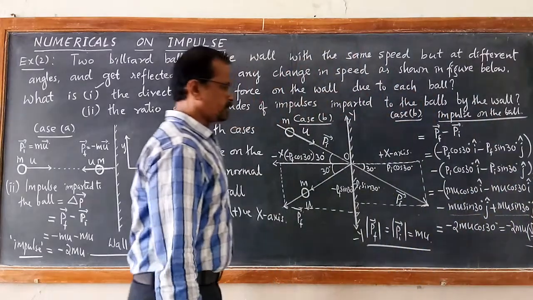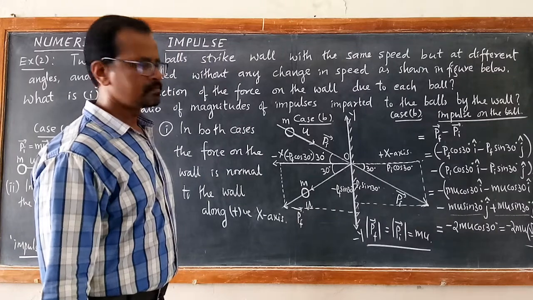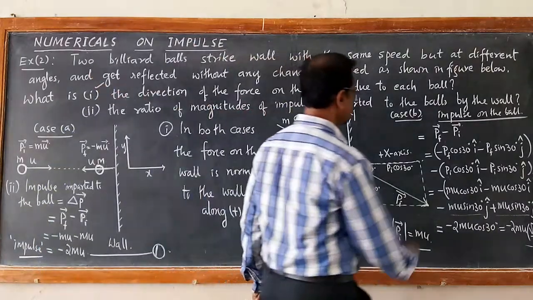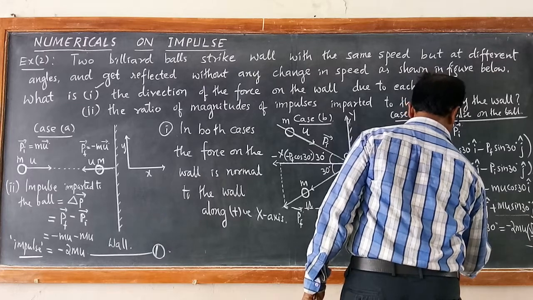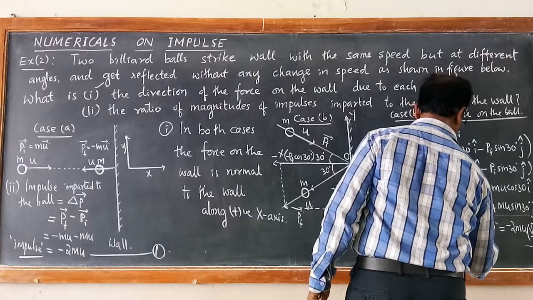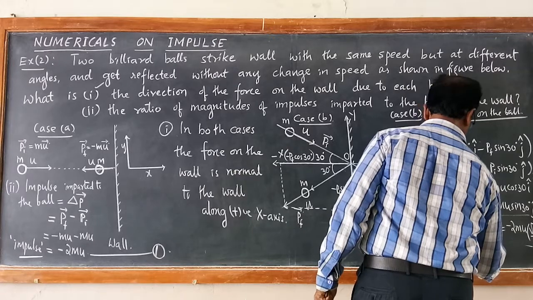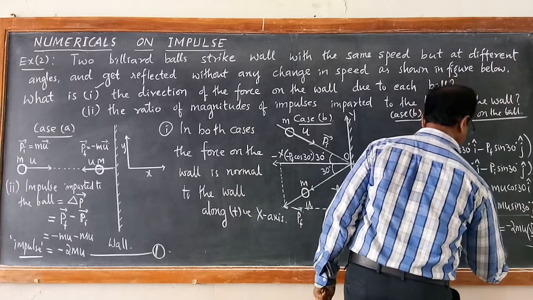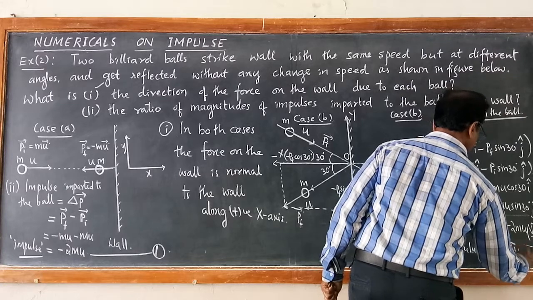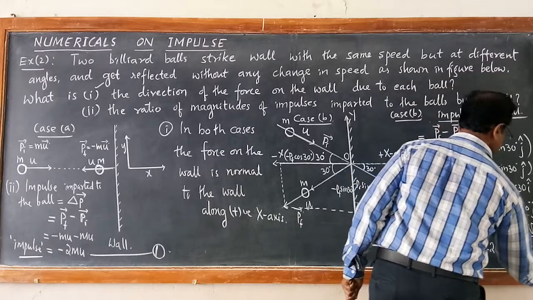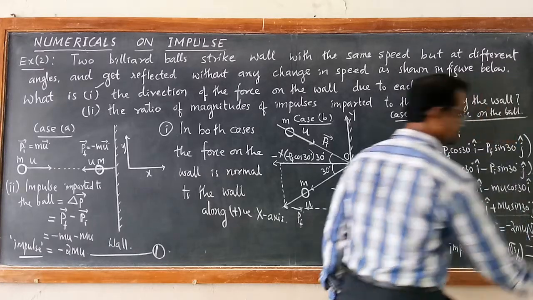So this is the impulse in the second case. Therefore, impulse in the case of V is equal to minus 2 mu root 3 by 2. Call this equation number second.